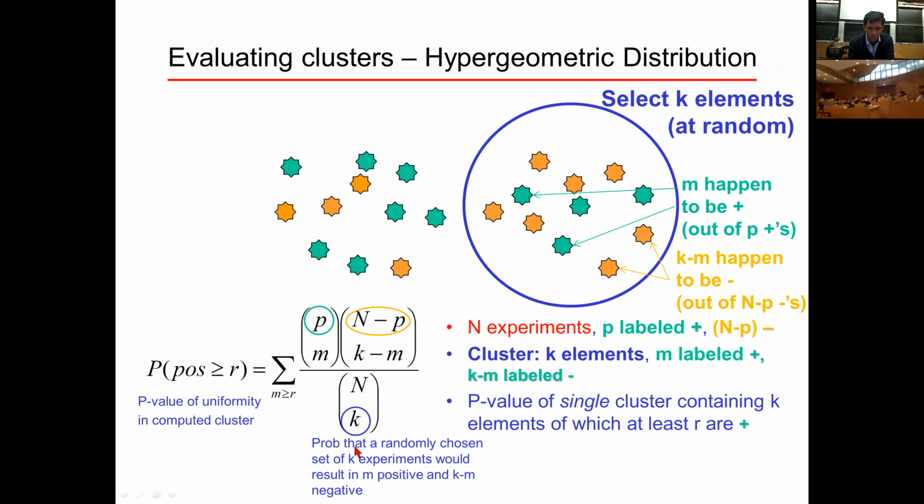Okay? So that is the probability that a randomly chosen set of k experiments would result in m positives and then k minus m negatives.